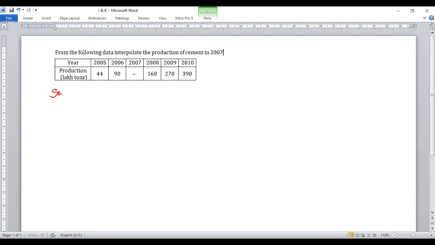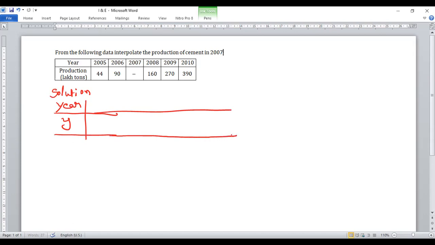Here is the solution. Consider the table. The first line is year, then production is taken as the y variable. The given years are 2005, 2006, 2007, 2008, 2009, and 2010.